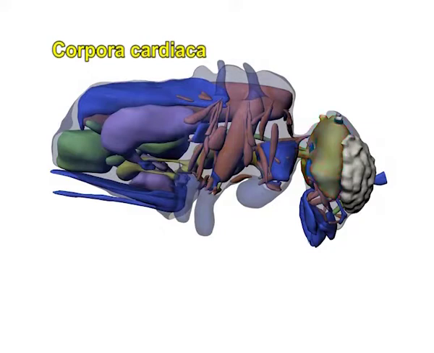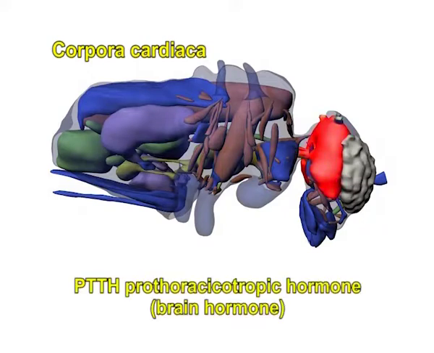These not only produce their own neurohormones, but they also store and release other neurohormones including PTTH, prothoracicotropic hormone, or the brain hormone, which stimulates the secretory activity of the prothoracic glands, playing an integral role in molting.